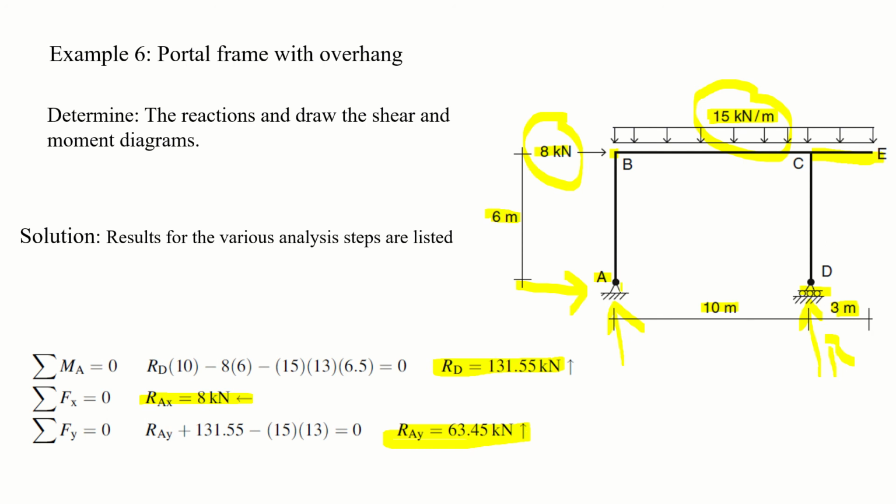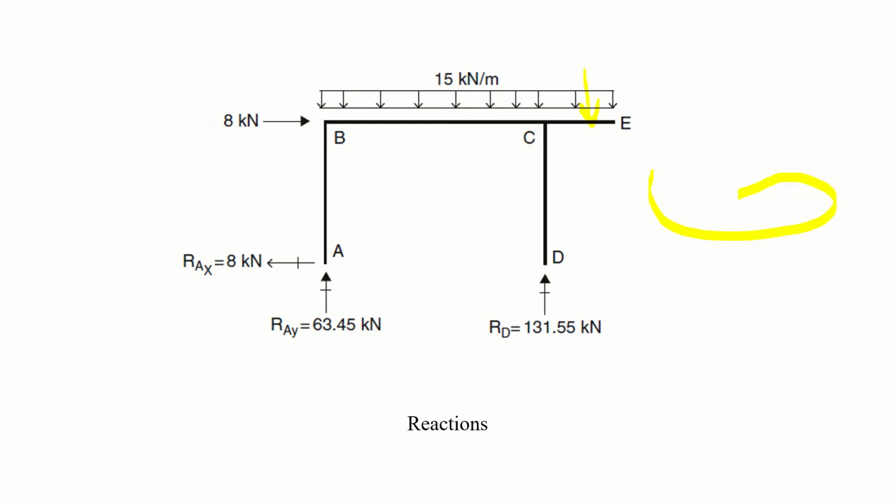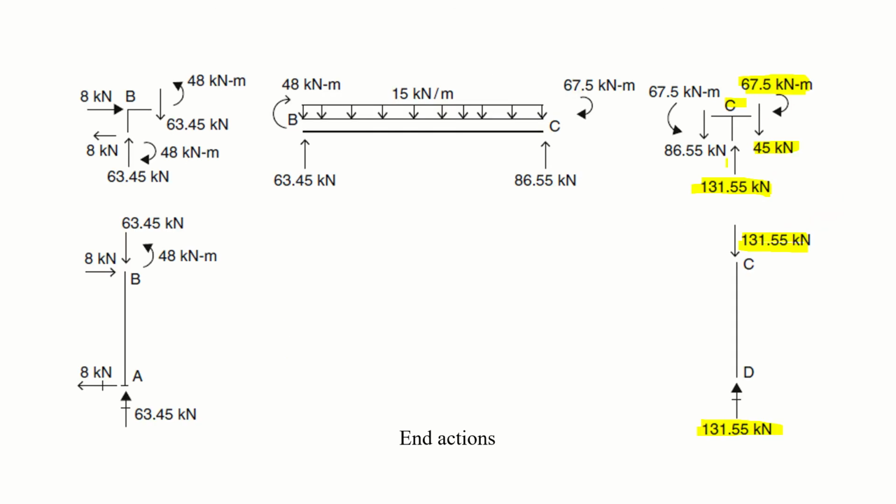A hinge support is relatively stronger than a roller support. Therefore, you take the reaction from here and the applied forces and moment from here, and you balance at this side. So 131.55 upward and 45 downward: 131.55 minus 45 is 86.55 kilonewton, and it is acting downward.